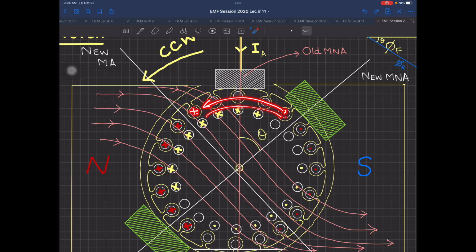Now what is the change in the current here? Supposing your machine was working at 200 ampere current. Now I'm talking about some very big machine, with 200 ampere current and all of these windings in series. I'm talking about A equal to 1, parallel paths A equal to 1.